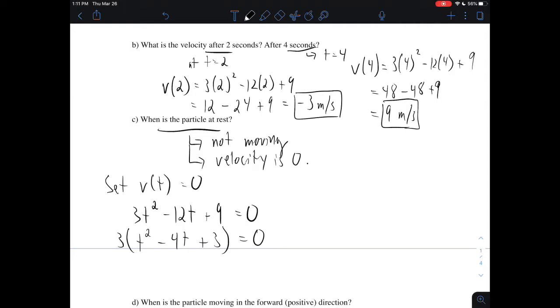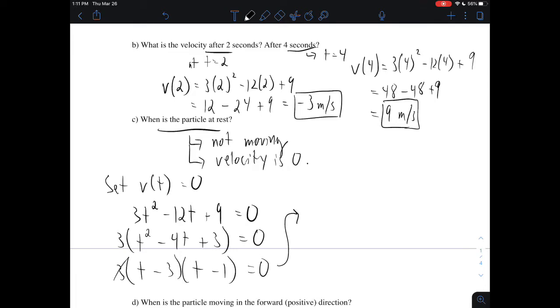And I can also factor that trinomial, t minus 3 times t minus 1. And obviously I can divide both sides by the 3 that's out front. I don't need to worry about that.